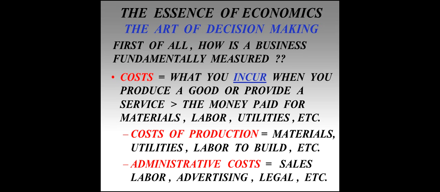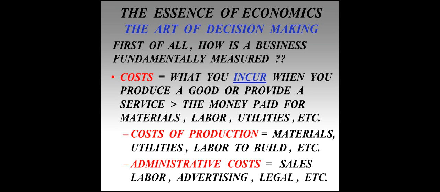To, again, produce your product or provide your service that are not directly related to the actual construction of the product or the service. As an example, if you hire somebody to sell your product or service, the costs associated with that fall under administrative costs, not the cost of actually producing it.